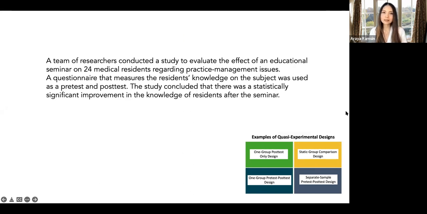What about this study? A team of researchers conducted a study to evaluate the effect of an educational seminar on 24 medical residents regarding practice management issues. A questionnaire that measures the residents' knowledge on the subject was used as a pre-test and post-test.